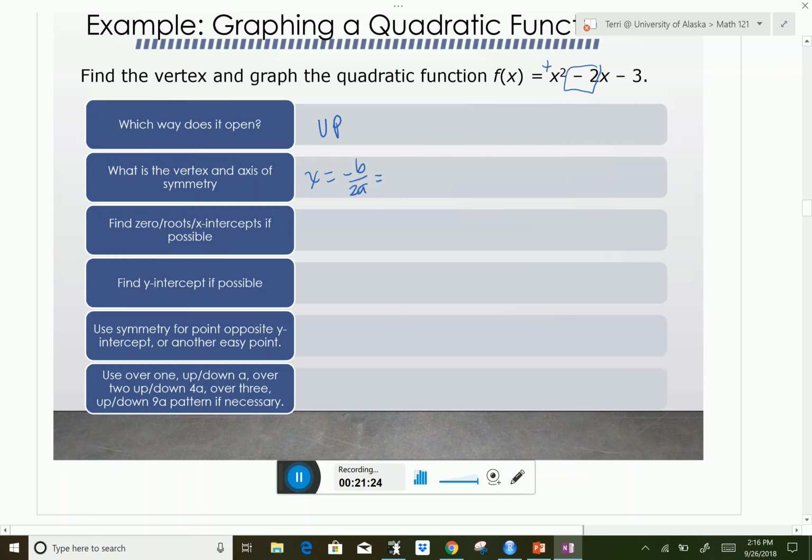So b is negative 2, so that's going to be negative of negative 2, over 2 times 1, because this is a 1, understood. So my negatives cancel, my 2's cancel, I end up with 1. And now I have to plug that back into the function. So now I want the function at 1, which is 1 squared minus 2 times 1 minus 3.